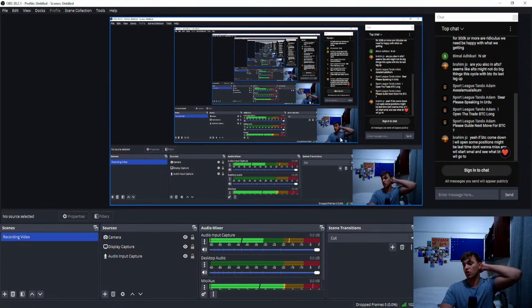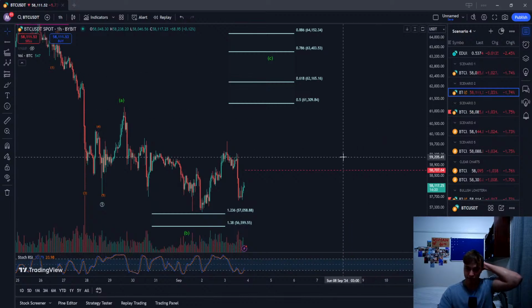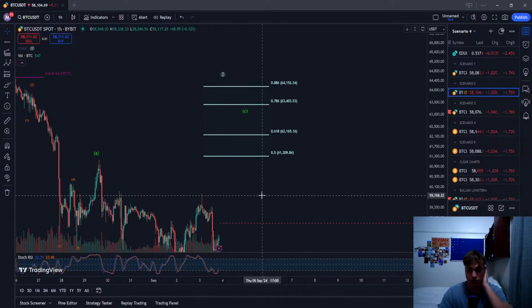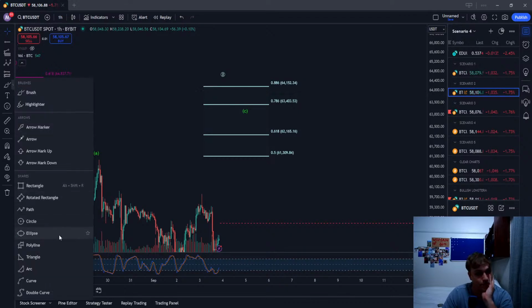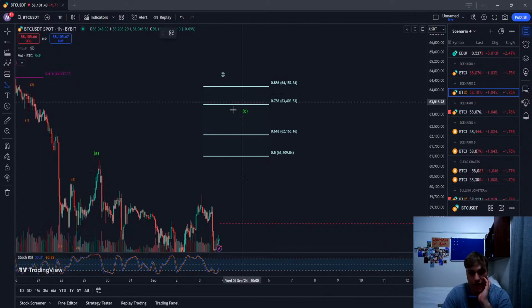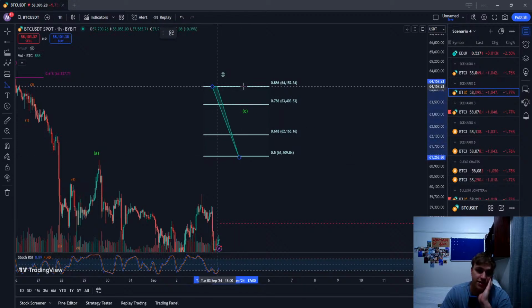Yeah, always start small. My investing strategy in these target boxes is, for example, let's say price gets into this area here, you invest similar to a triangle.